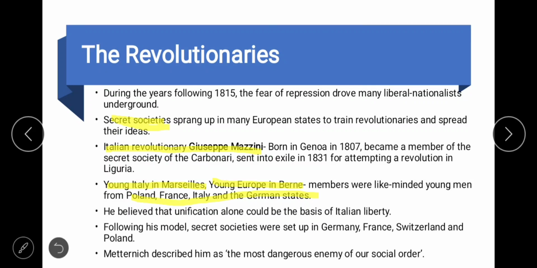These revolutions were often led by liberal nationalists belonging to the educated middle-class elite, among whom were professors, school teachers, clerks, and members of the commercial middle classes. The first upheaval took place in France in July 1830.